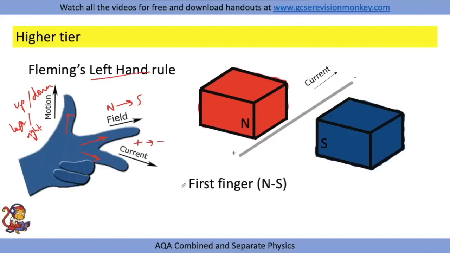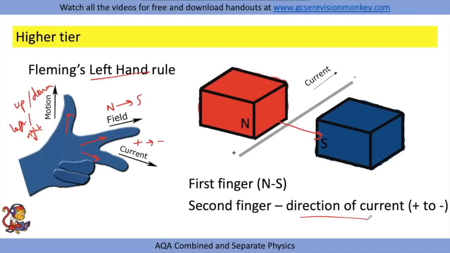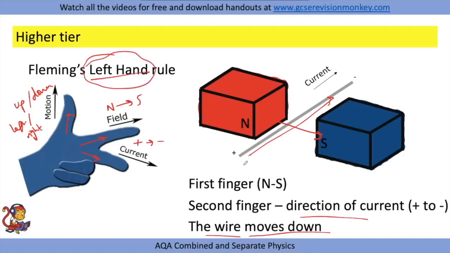So the first finger, you point north to south, so you'd point the first finger in this direction. You would point your second finger in the direction of current, so that will be from positive to negative. And when you do that, automatically your thumb should now be pointing downwards, and that will tell you that the wire moves down. If it's not pointing downwards, you may be using the wrong hand. You've got to use the left hand for Fleming's left-hand rule.